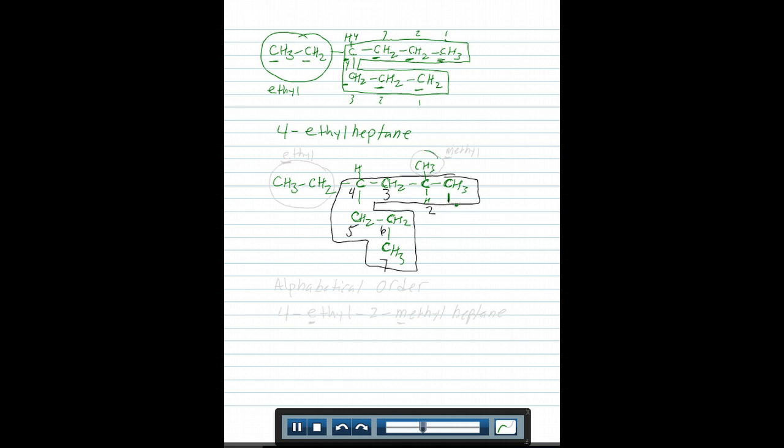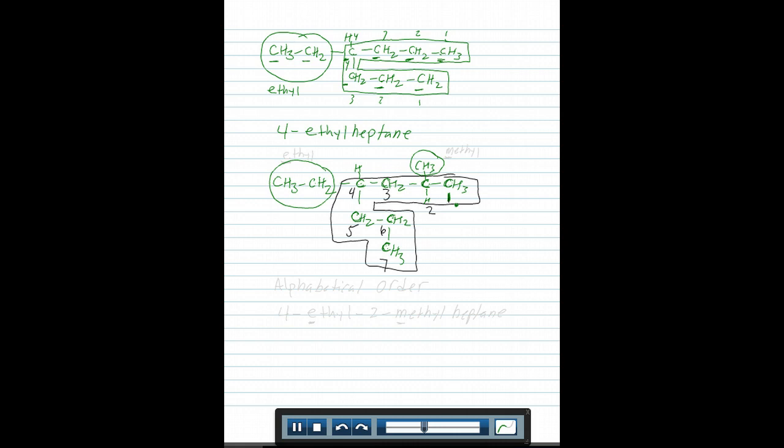Because I have a substituent here, that's a methyl group, and I have a substituent here, that's an ethyl group. Well, remember, you start at the end closest to the nearest substituent. This end, I get to my first substituent on carbon 2. If I start counting on this end, 1, 2, 3, 4, I get to my closest substituent on carbon 4. So that's why I start on this end. It's very important that you start there.